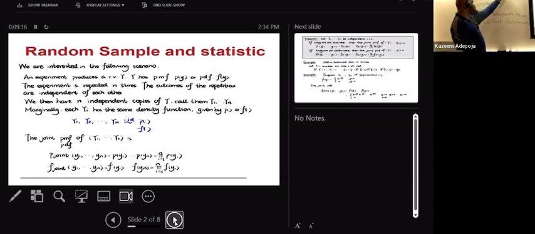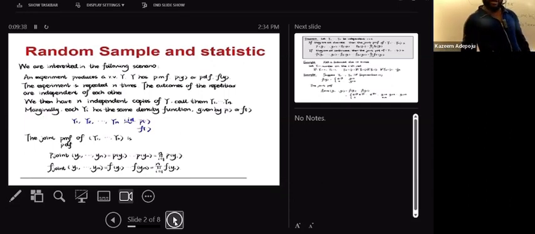So the moment you find yourself in the sample, it means you were randomly chosen from the population. When samples are randomly chosen from a population, there is a tendency that what you choose is going to be a good representative of the population. Now you understand what I mean by random sample, right?